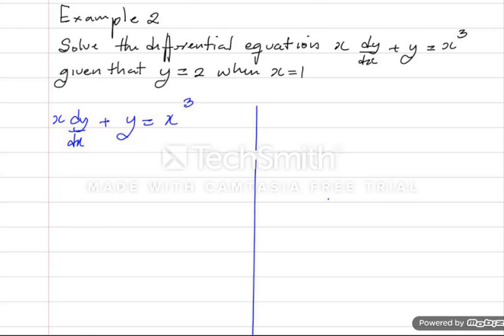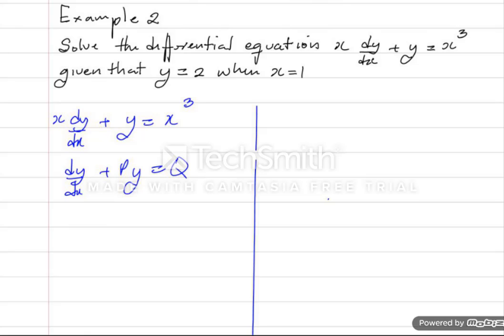My problem is that it's supposed to be in the form dy by dx plus py equal to q. If it is in that form, I know exactly what to do. So let me get it in that form. For that, there cannot be any x here.